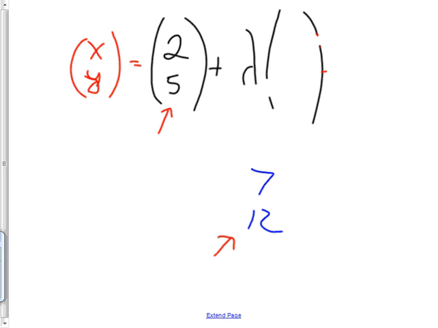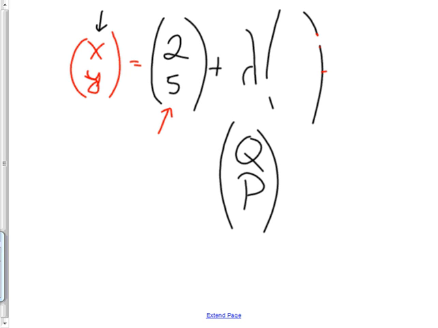Okay, but if we have an xy at the beginning here, I get why you might not want to use x and y, because we already have an x and a y. All right, so what if I knew I wanted these guys to meet at the point P, T? T's not good because it sounds like time. QP, there we go. That's the point I know I want them to cross at, QP.